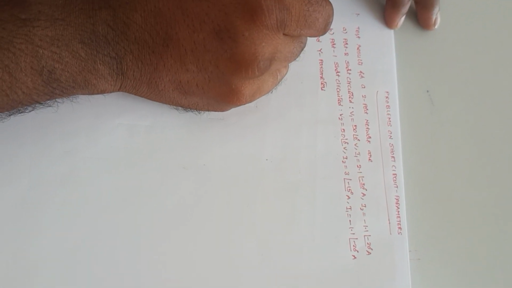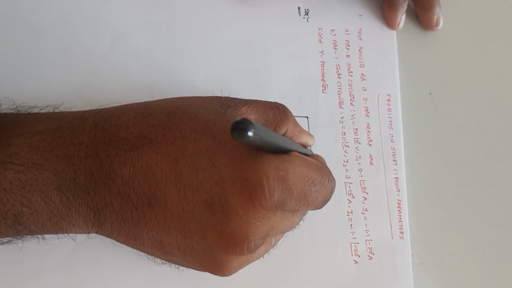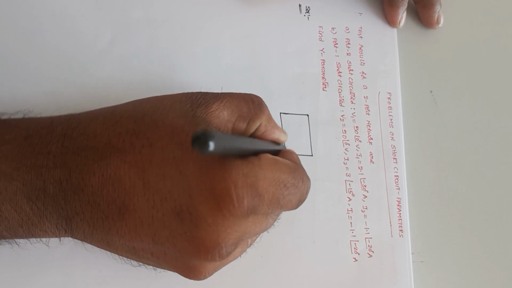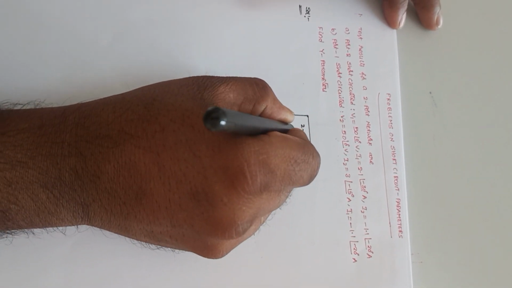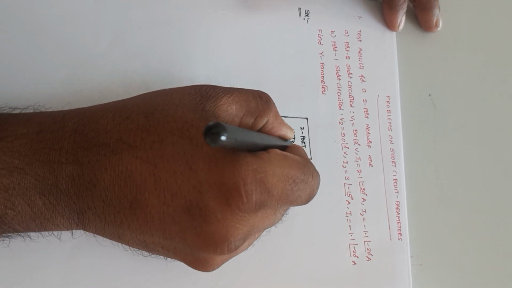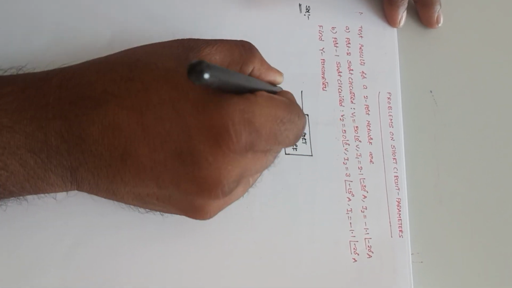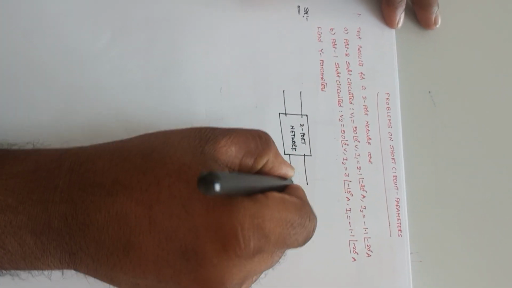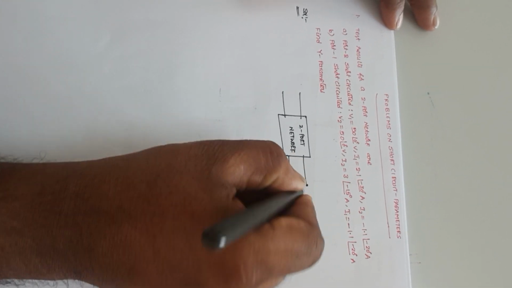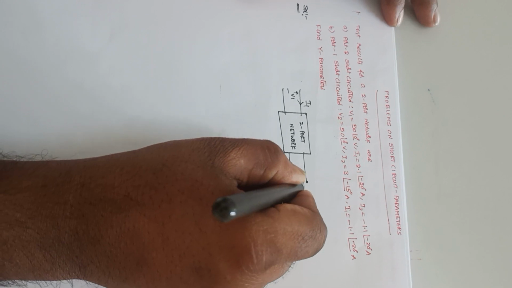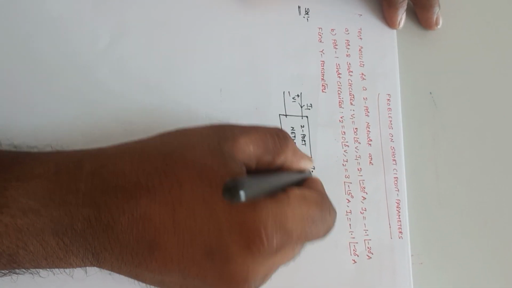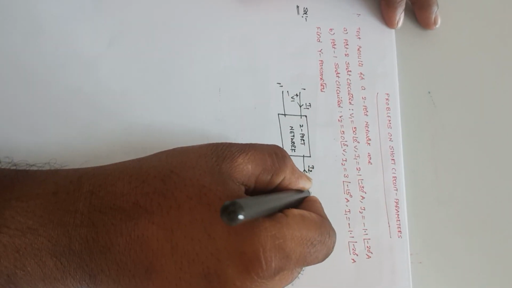So the solution. There is a two-port network, with plus and minus V1, I1, V2, I2, and terminals 1, 1 dash, 2, 2 dash.